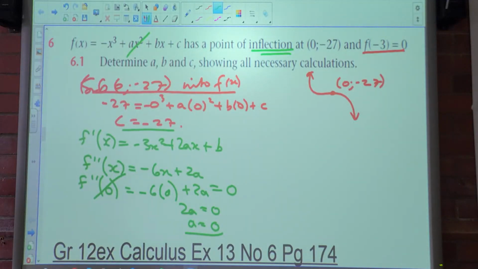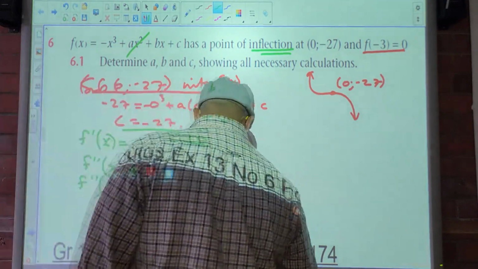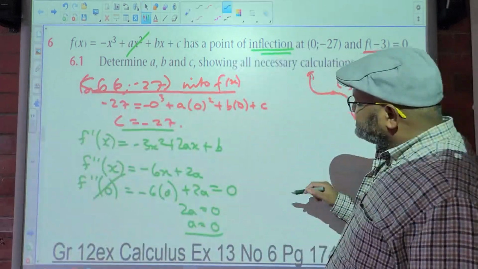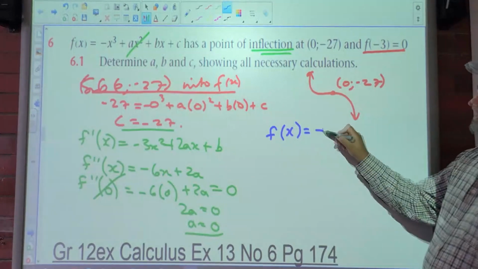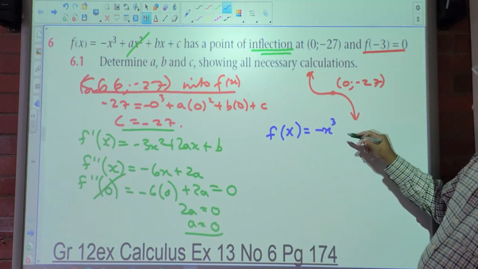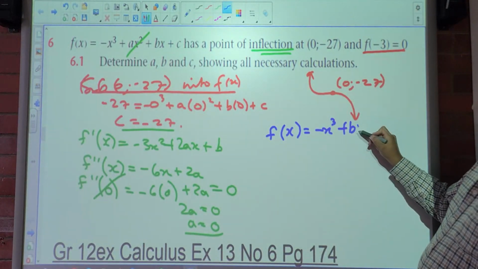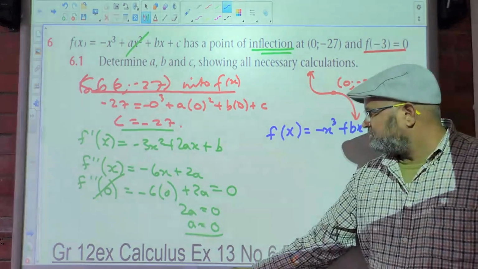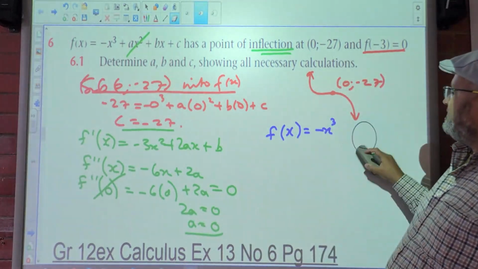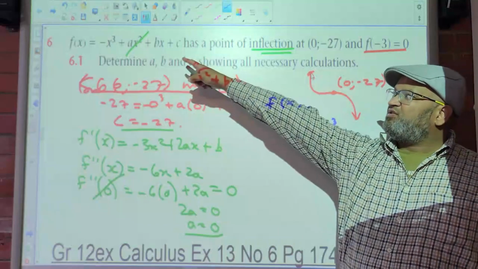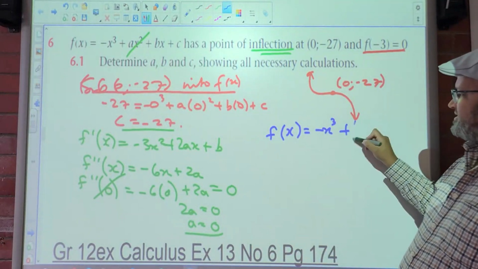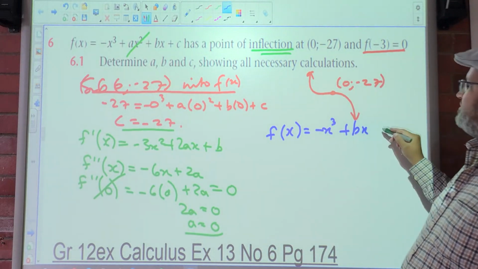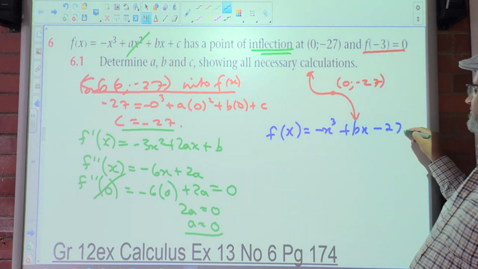So I just need one bit of information still, which is of course this point here. My equation now reads f of x is equal to negative x cubed plus 0 x squared, which falls away, plus bx, plus c, which is negative 27.